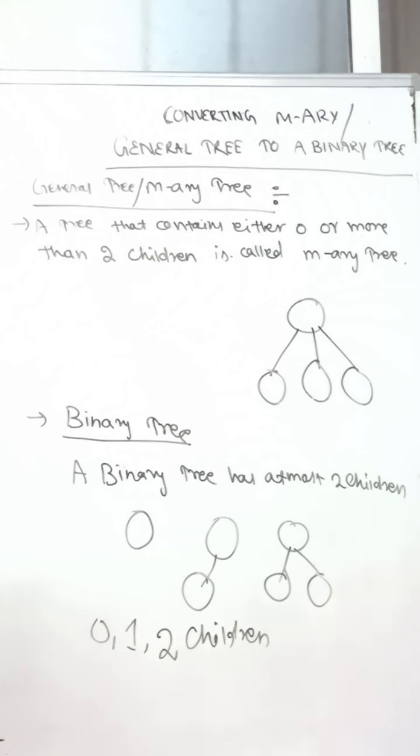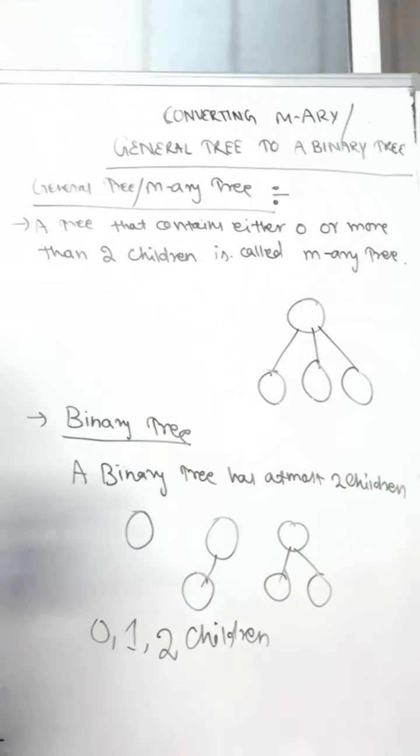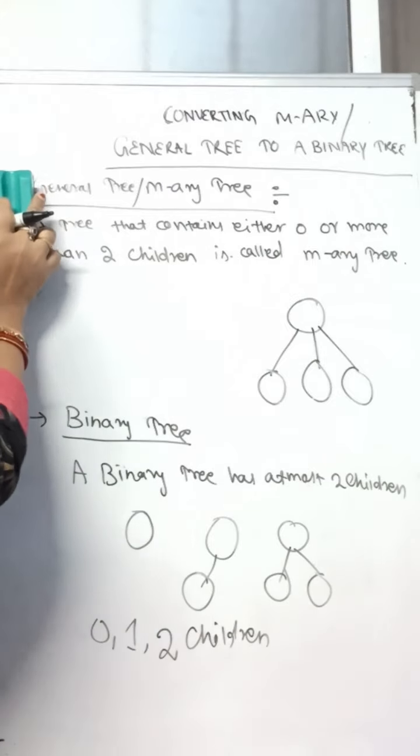A tree that contains either 0 or more than 2 children is called an M-array tree. A binary tree is a tree that has at most 2 children, a left child and a right child, the left subtree or right subtree. Now we'll learn what the process is called when we convert one M-array tree to a binary tree.